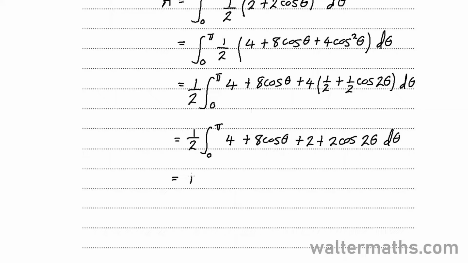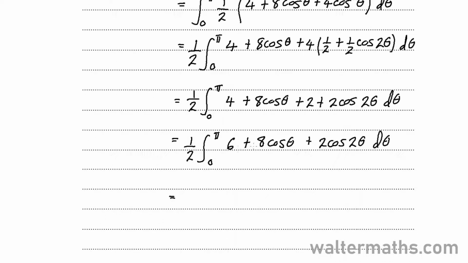Next, we'll be having a half of the integral from 0 to pi, and 4 plus 2 is 6, so it's 6 plus 8 cos theta plus 2 cos 2 theta with respect to theta.